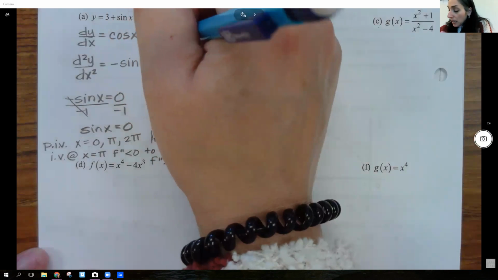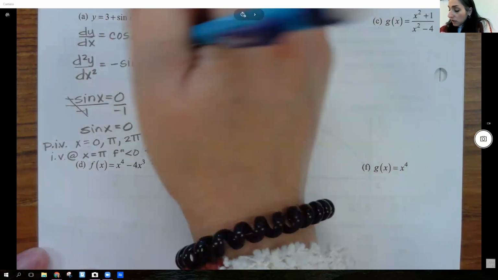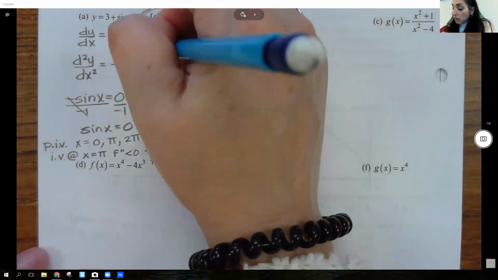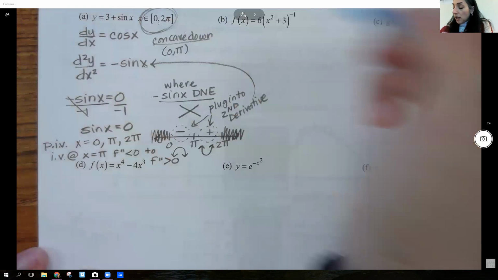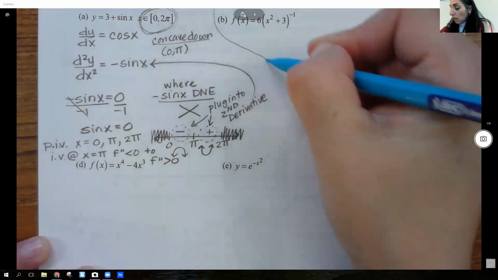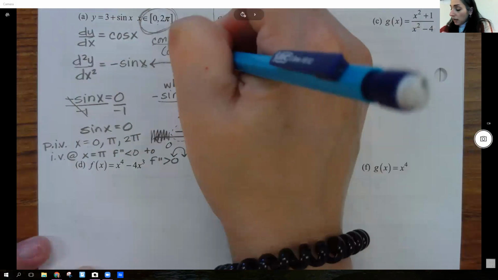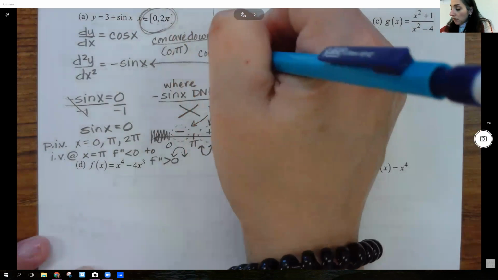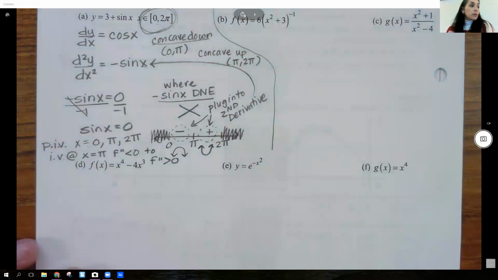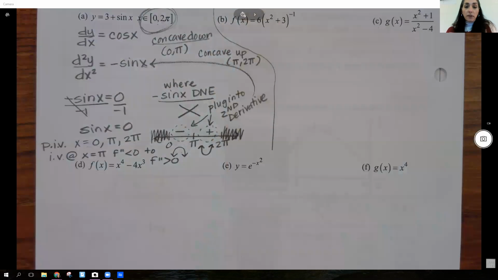We are going to be concave down from 0 to pi, and concave up from pi to 2 pi. Make sure that you are writing that as open intervals, no brackets.